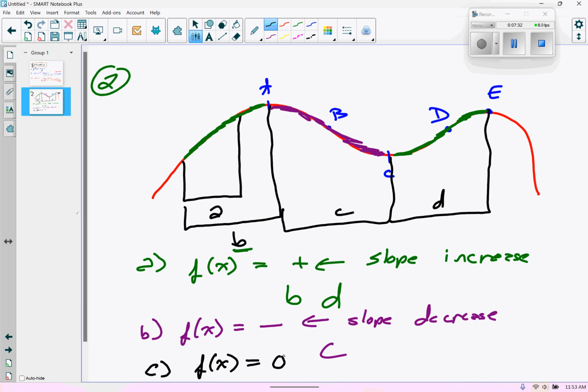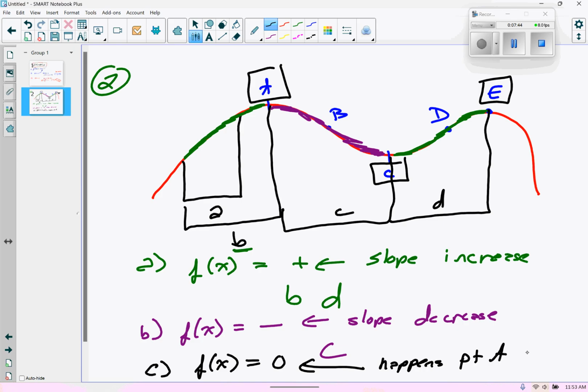This is going to happen at point A, point C, and point E. The reason that takes place is that's where it goes from decreasing to increasing or increasing to decreasing. There's a sign change that takes place, and that's also something I will tell you once we look further into derivatives, where you have critical values. Critical values are where things are changing direction, things like that.